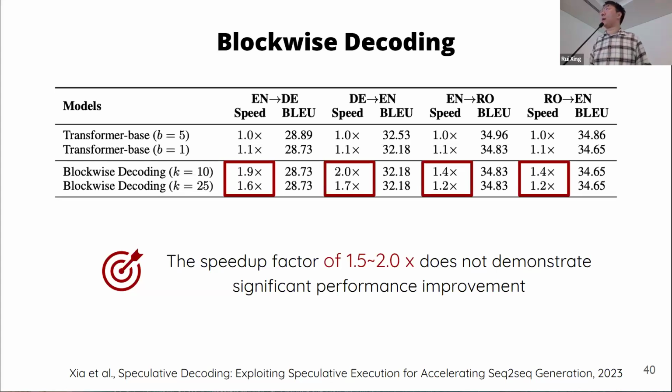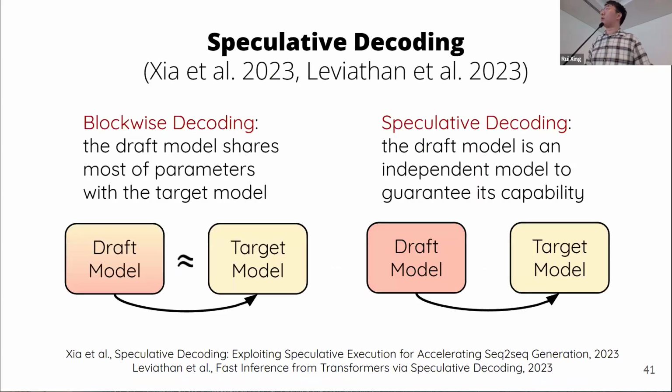But originally, a speed up of at most twice is still not a very significant performance improvement, because researchers want to find more efficient ways to accelerate the inference. And when it comes to 2023, there is the concept of speculative decoding, the formal definition.